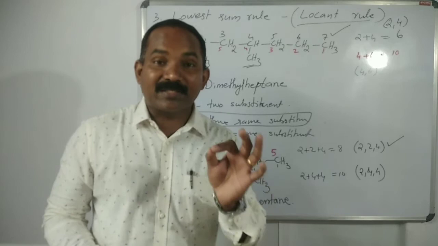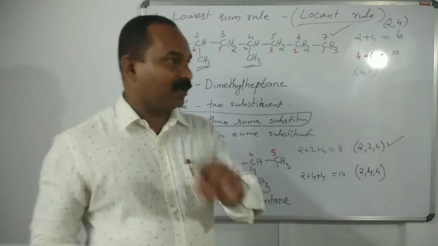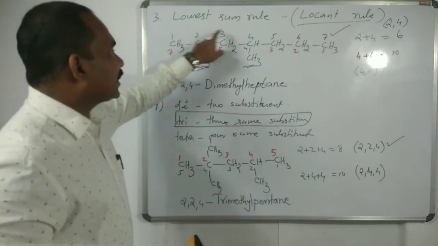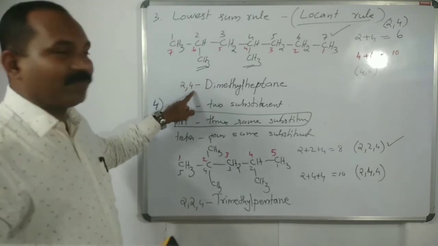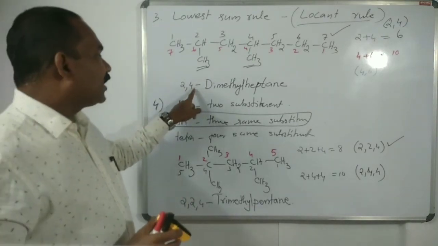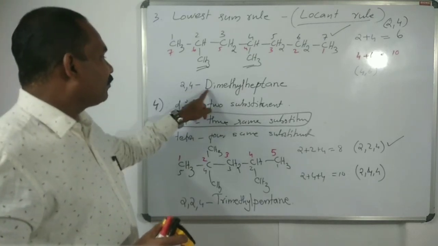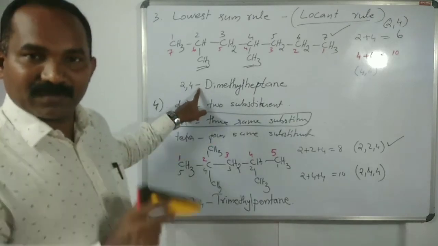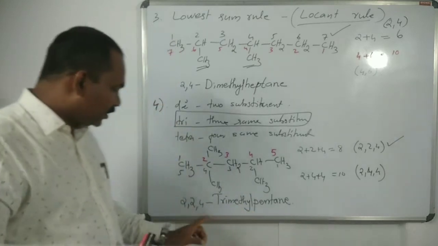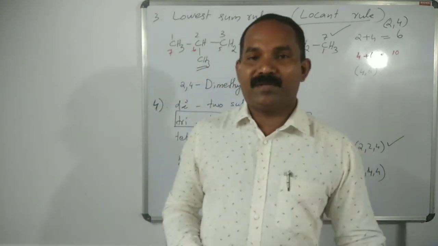Look at this. Second and fourth position, 2, 4. Numbers are separated by commas. Number and word are separated by hyphen.